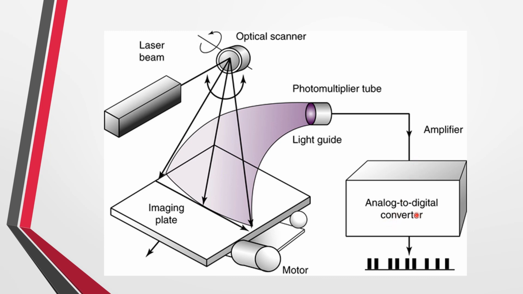Then it's going to be converted to a digital signal. And as we learned in earlier videos, digital signals are discrete. So it's discrete lines, not a complete waveform like the light is. And then that can be sent to the computer for all the processing operations.